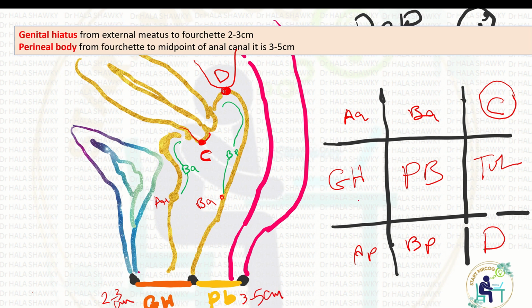And we put here in the grid genital hiatus, and here is the perineal body. Remaining will be total vaginal length. Total vaginal length will be, after reducing all the prolapse inside without Valsalva's maneuver, we will measure the distance between the hymen to the posterior fornix, and usually it is equal to point D if there is no prolapse.